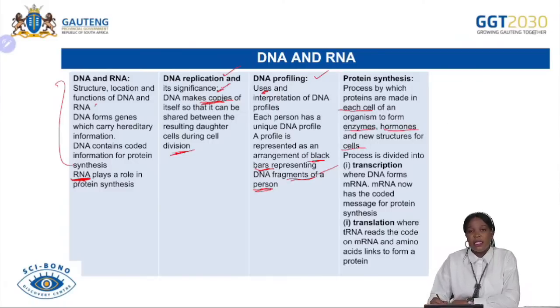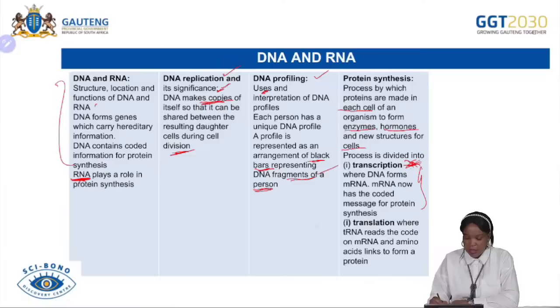Now, this process is divided into two sub-processes that you need to know and master. The first stage of protein synthesis is transcription. During transcription, DNA forms mRNA, and mRNA now has the coded message for protein synthesis. So during transcription, we are just forming mRNA to copy the code from the DNA.